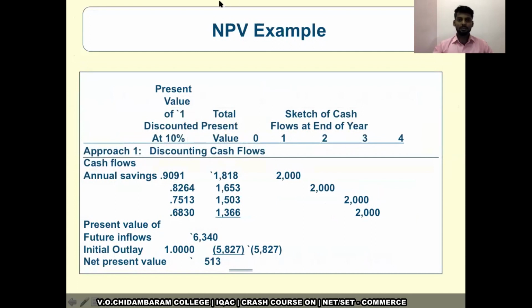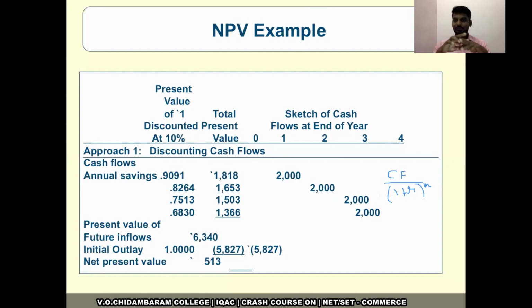Whenever we consider the present value of money, this is the formula. The formula is not given here, but it is CF, the future cash flows, divided by 1 plus R, the whole power n.